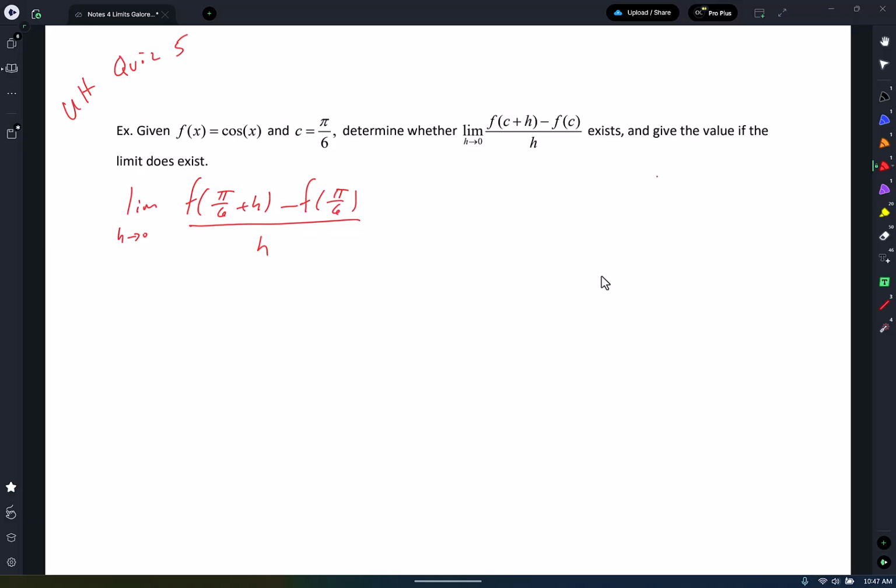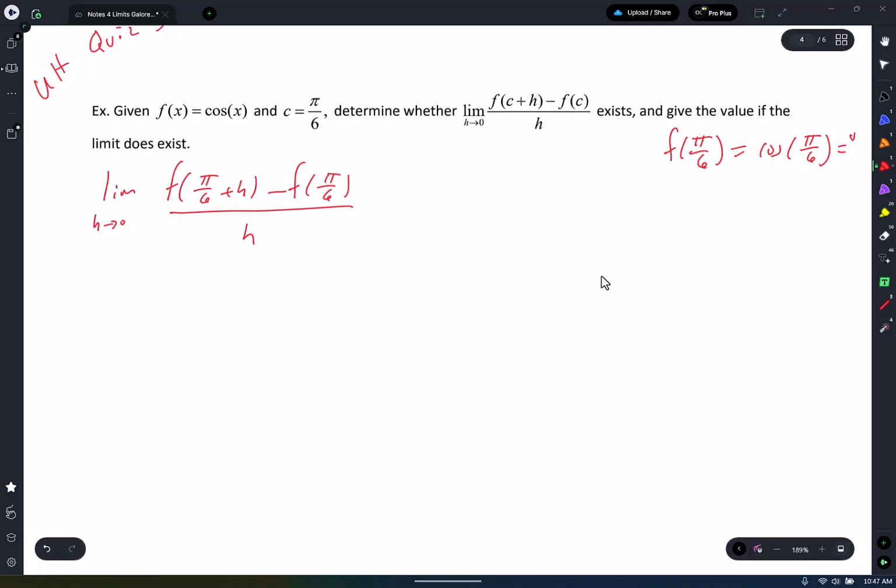I'm going to write f of pi over 6 equals cosine of pi over 6. What's cosine of pi over 6? Square root of 3 over 2. And I also need f of pi over 6 plus h, cosine of pi over 6 plus h.